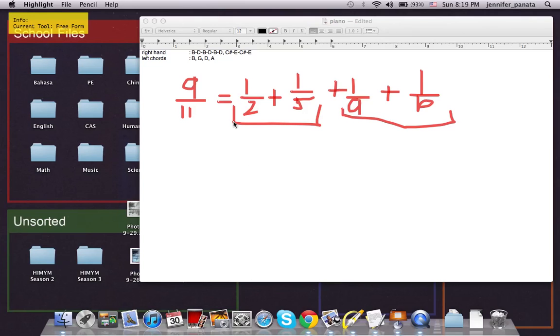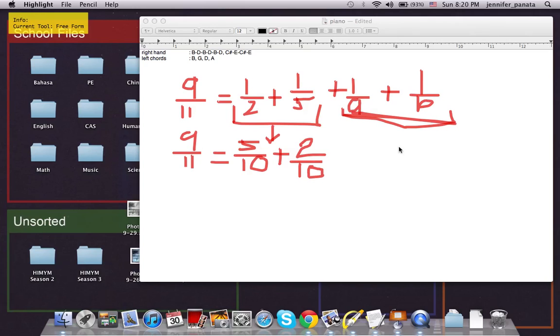To add these two together, as usual, we make the denominators the same, and this will become 5 over 10 plus 2 over 10. Let's just ignore these two for a minute.